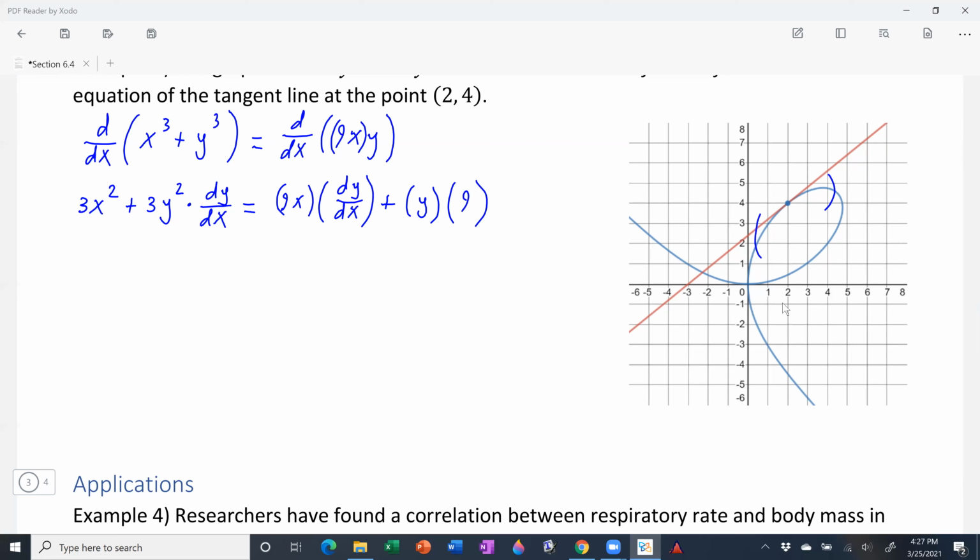Okay, so let's clean this up and try to get anything with a dy/dx in it on one side and anything without the dy/dx on the other. And again, I always like to get the dy/dx on the left-hand side. So I'll do that kind of in the same step. Let's go minus 9x dy/dx on both sides, so we get rid of it on this side.